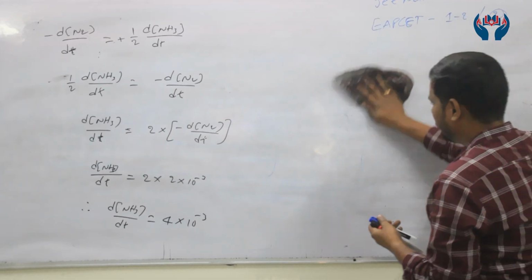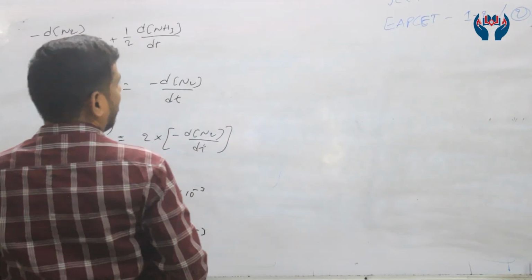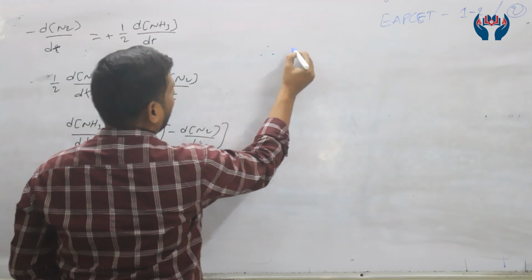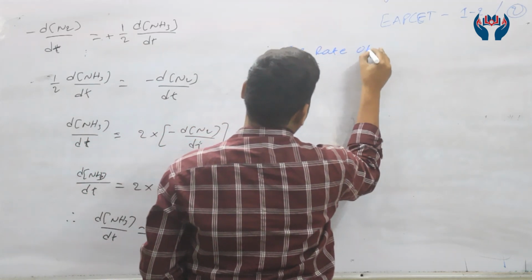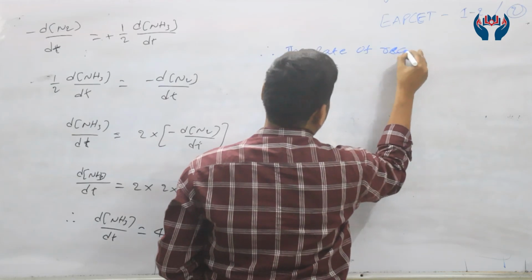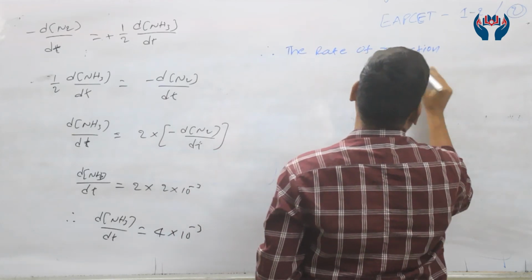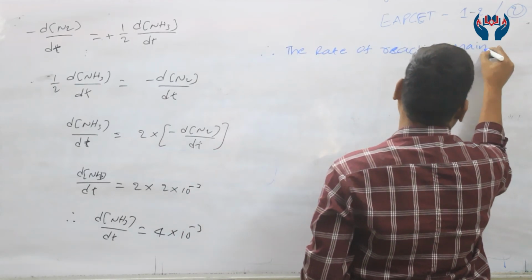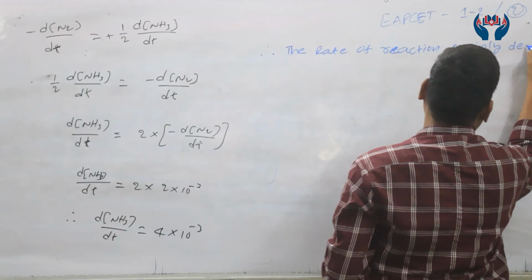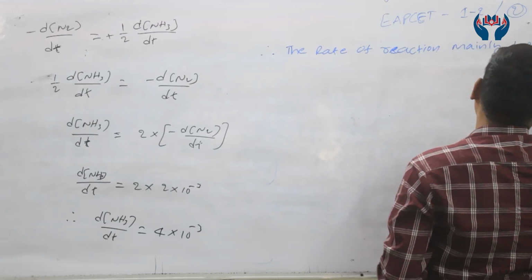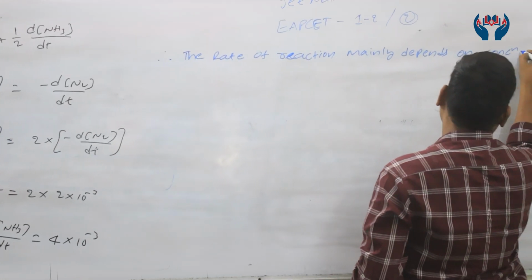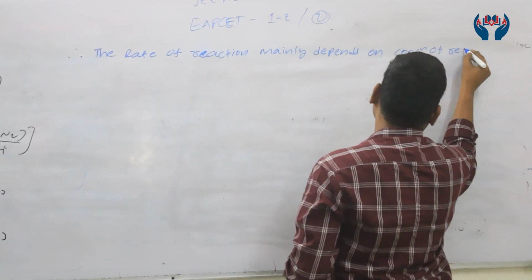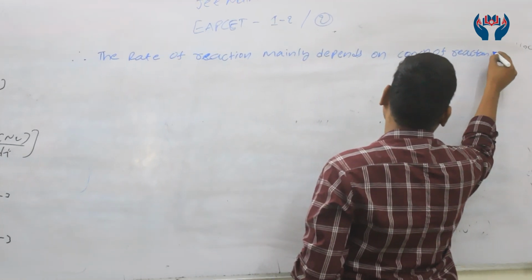For example, the rate of reaction mainly depends on the concentration of reactants.